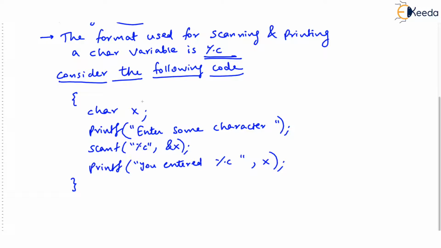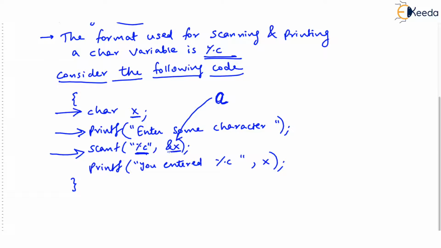As an example, let's say in this program we have declared a char variable. Now you know x can store one character. Let's flash a message, enter some character. Now the user is entering some character because there is a scanf. Imagine the user enters a character such as A from the keyboard. To input this single character, we use the format %c.